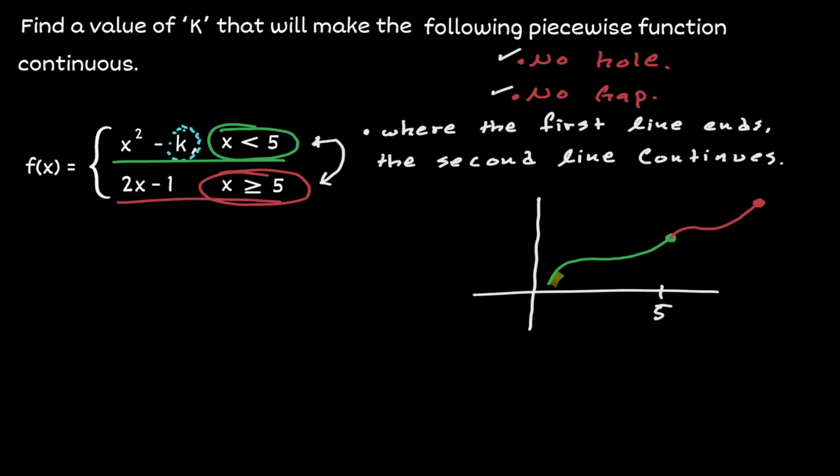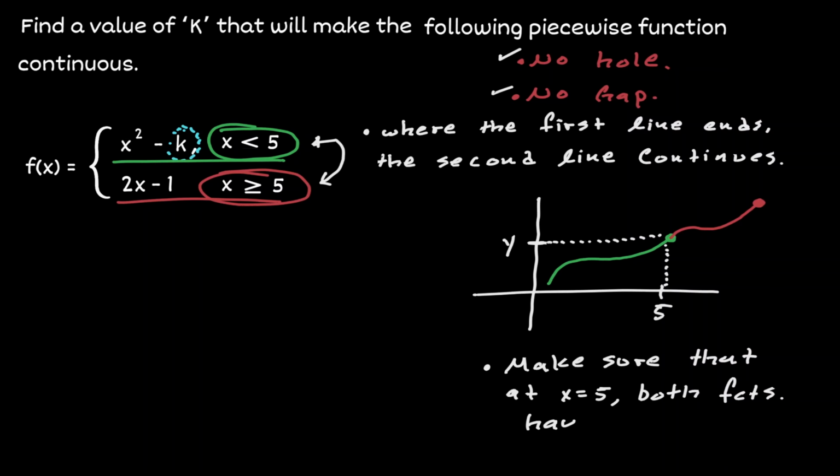Because when this occurs, notice that we will have neither holes nor gaps in our graph. And how can we guarantee that this occurs? We want to make sure that at the value of x equals 5, both functions have the same y value. So this is going to be our strategy.